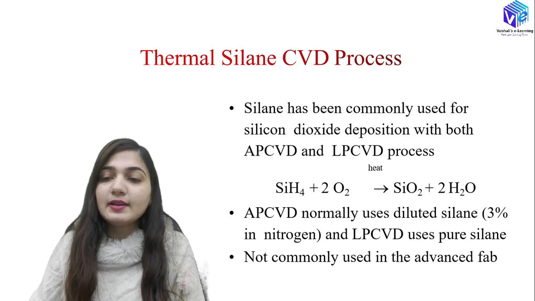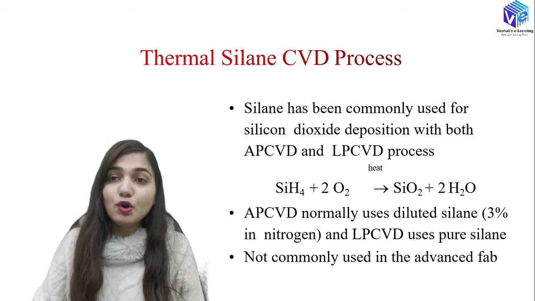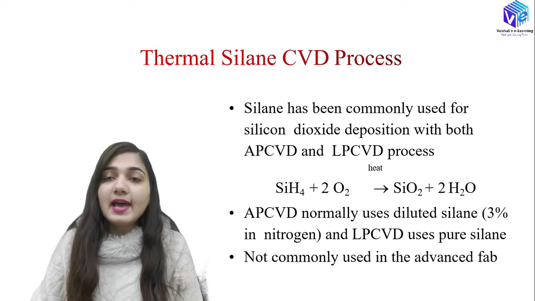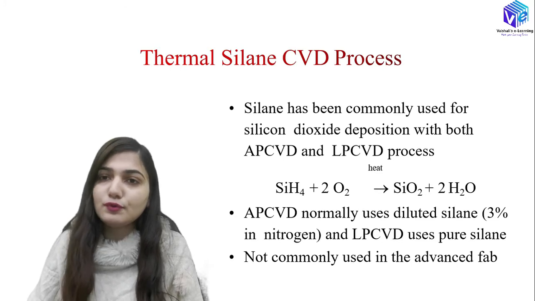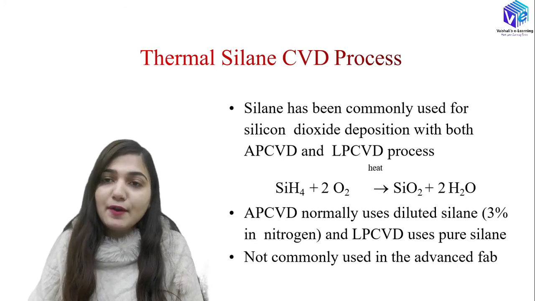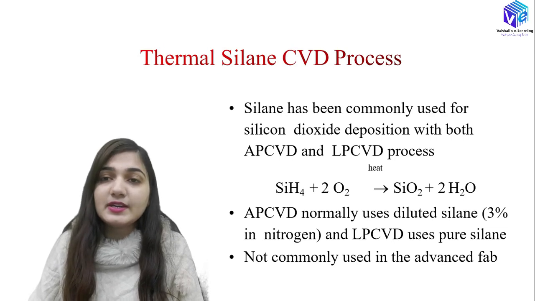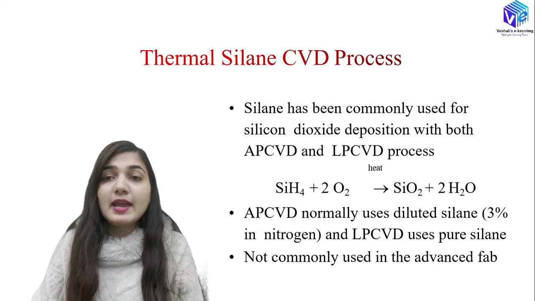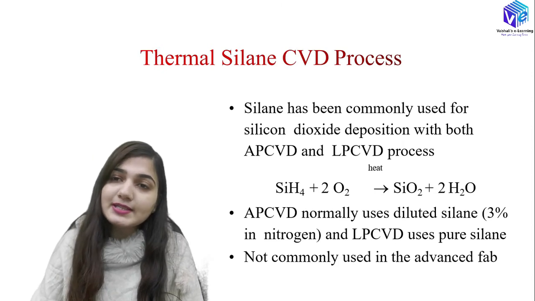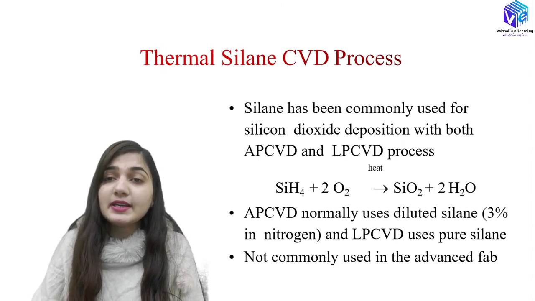Now Silane has been commonly used for silicon dioxide deposition with both APCVD as well as LPCVD process. If you have watched all of the videos on the CVD, now you know what is APCVD and also what is LPCVD. APCVD is atmospheric pressure chemical vapor deposition and LPCVD is low pressure chemical vapor deposition. When I am using the APCVD, we can use the diluted silane, which is 3% silane in nitrogen, right?